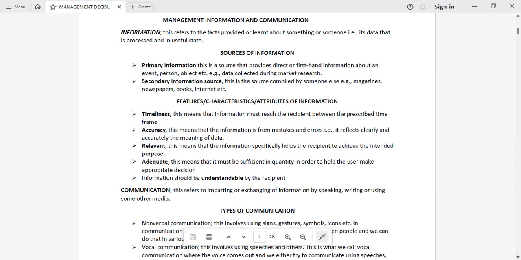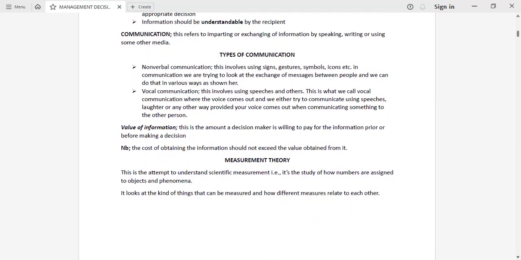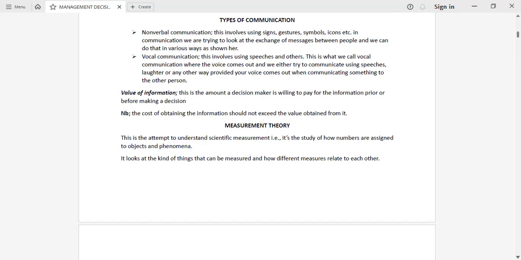So let's look at the types of communication. We have the non-verbal communication, and the verbal communication. Verbal, from the word, is so long as someone is giving out a sound, so long as the voice is coming out of any instrument, then that's verbal.